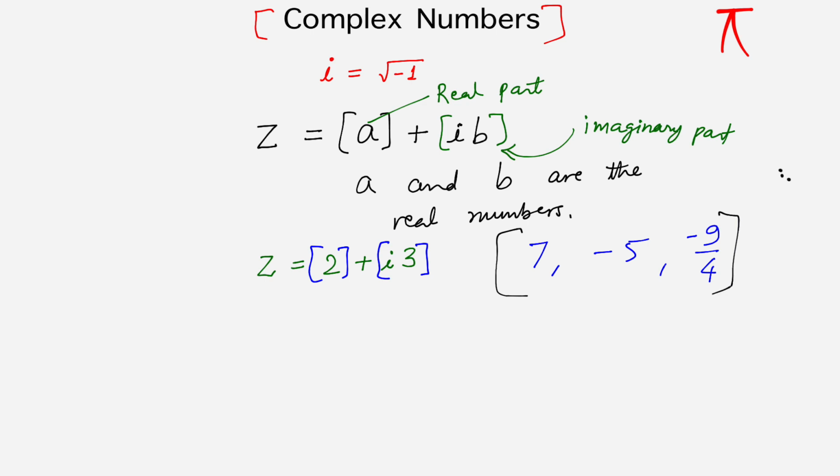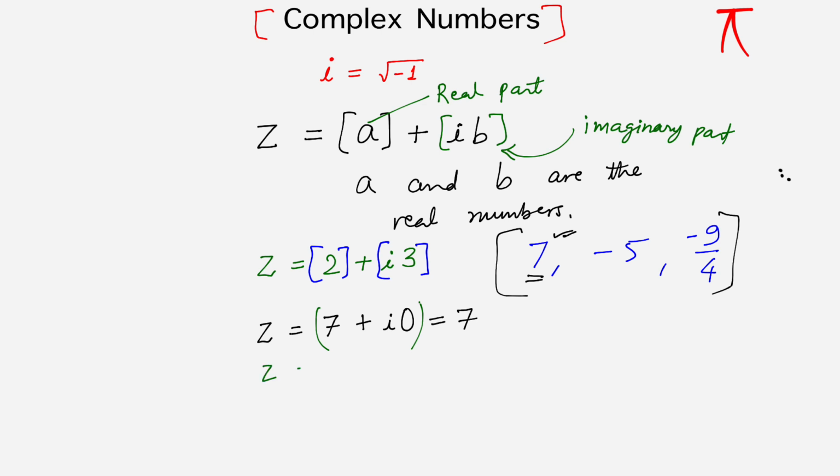So we can write Z is equal to 7 plus iota multiplied by 0, which is nothing but 7, but it is a way to show that any number, so 7 is a natural number or a whole number or an integer, can be written in the form of a complex number.